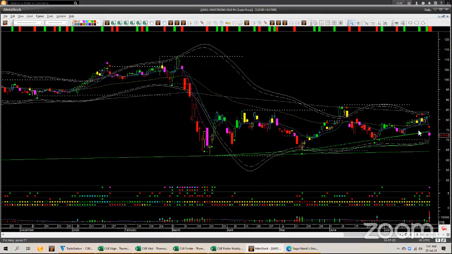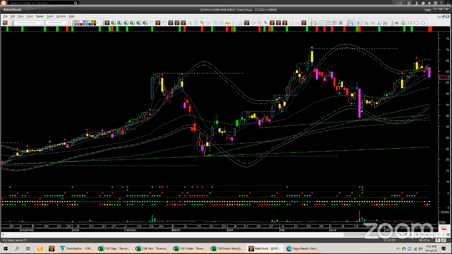Let's go through them. AWI is close to the lower boundary, close to the memory support, not interested to short. I'm closing the charts that I don't want to consider. This is looking weak. ENPH, NFACE.